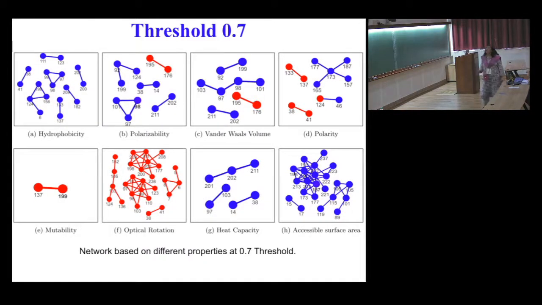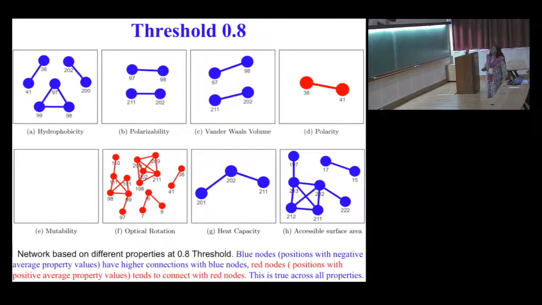So this is at a higher threshold, there are more clusters, and this is at 8, and this happens for all properties, this small number of clusters. So now these positions are labeled, and all these positions are important, and many of them are found in experiments.